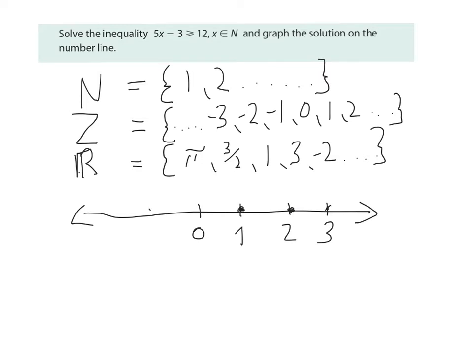On the other hand, if we were plotting our integers, our Z's, we'd also include 0, -1, -2, and of course this just depends on what the question asks. And if we were plotting our real numbers, we shade in everything because it includes everything in between. Again, we'll try two questions here in a second and you'll see what we mean.